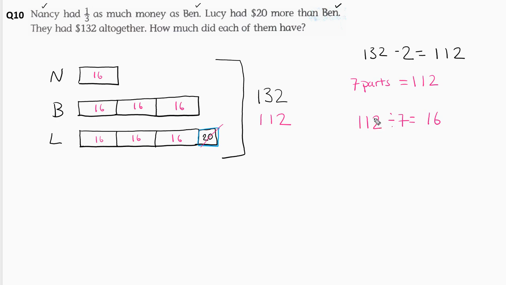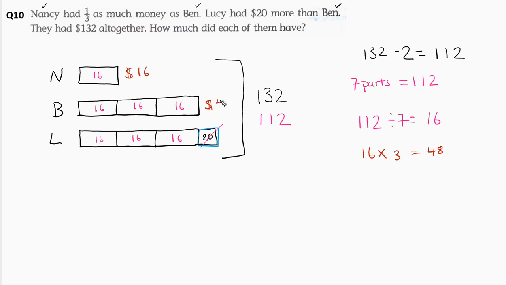Okay, so now what are we asked? Let's go back to the question. I think we've captured all of the information. We are asked how much did each of them have? Well, let's have a look at Nancy. What did Nancy have? Well, she had 16. Okay, so I'll put in the sign for she had $16. What did Ben have? Well, he has got 16 times 3, which is 48.